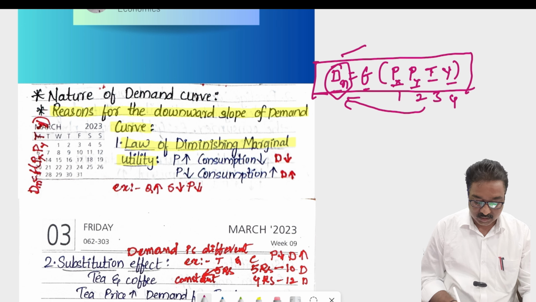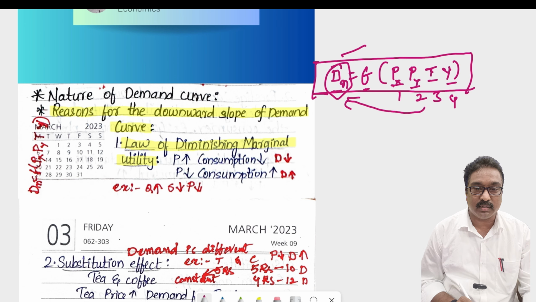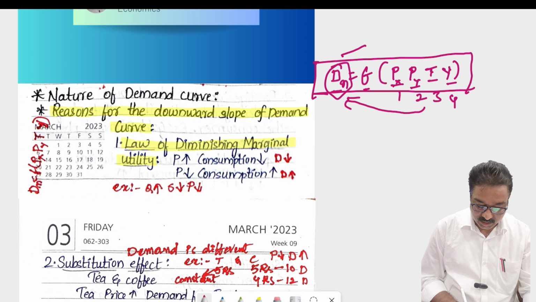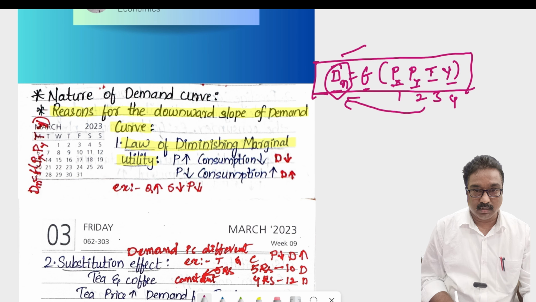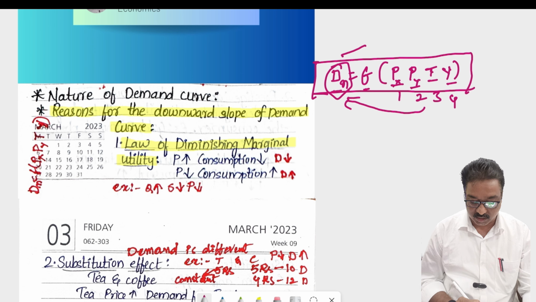Are you clear or not? This is called the demand function. So here Dn, the demand for a number of goods, depends upon the price of x commodity, the price of y commodity. T is nothing but technology, y is nothing but income, and also the prices of substitute and complementary goods.